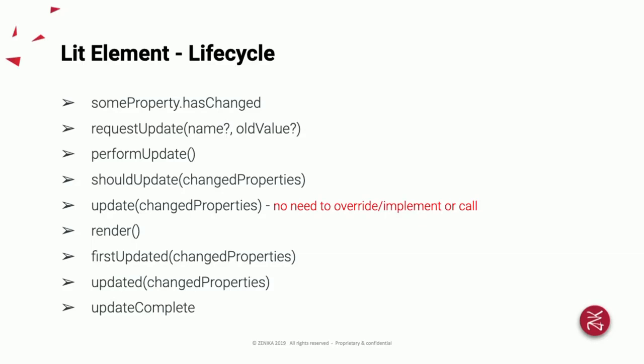This is where we define our HTML templates. And the firstUpdated is called once the template has been created. But this one only happens once, so any one-time work that you need can be implemented here.